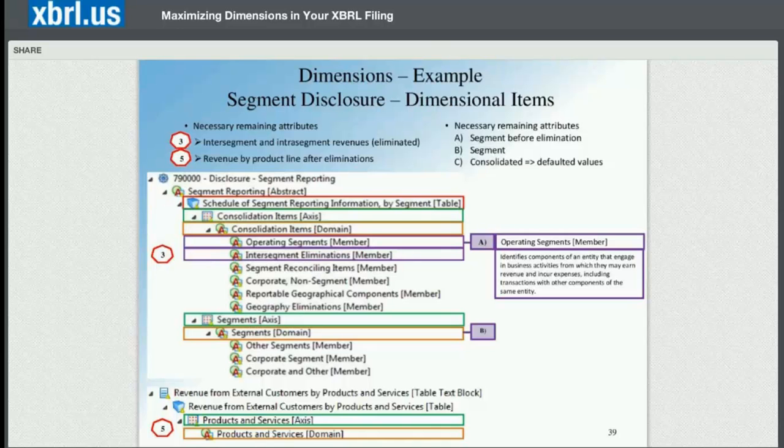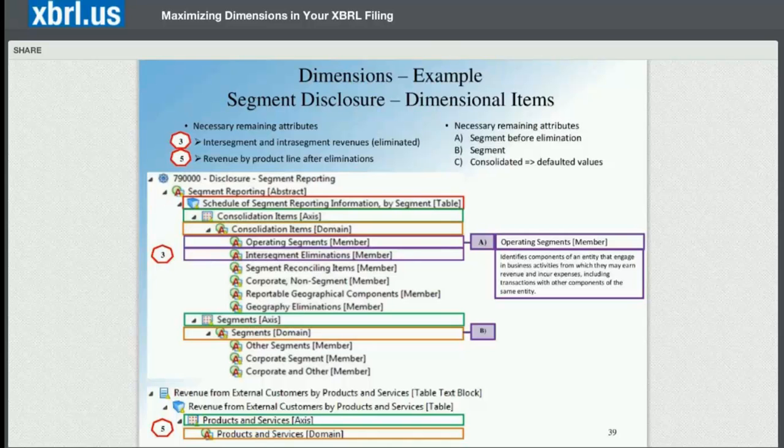I also found a product and services axis, which just happens to be also in the segment footnote, but in a lowered down area. So I'm going to take that axis and I'm going to relocate it to the table I'm going to build because I need it in my table. Now, one thing I want to point out here is that operating segments member you see on the consolidation items axis in the domain, that segments member represents values for the segment pre-elimination.